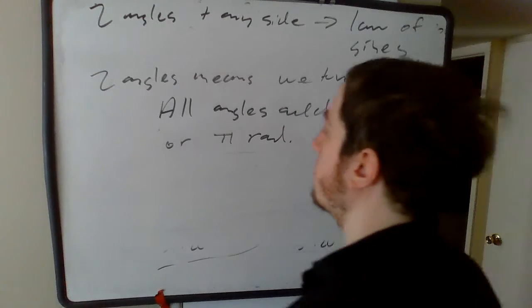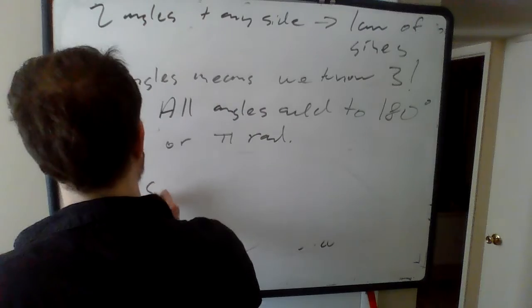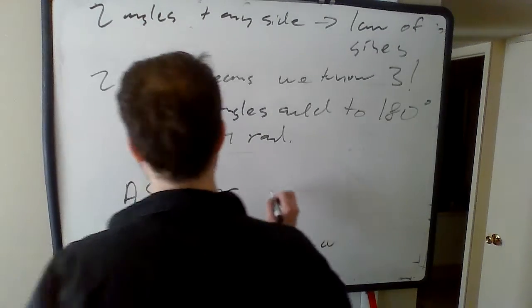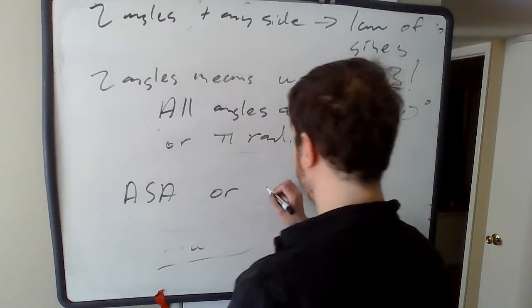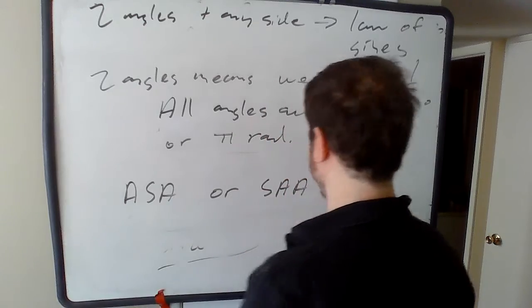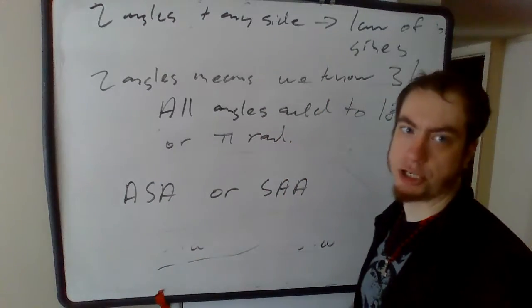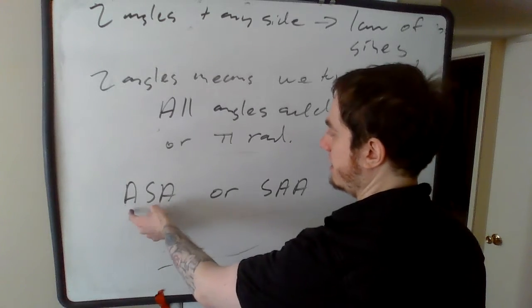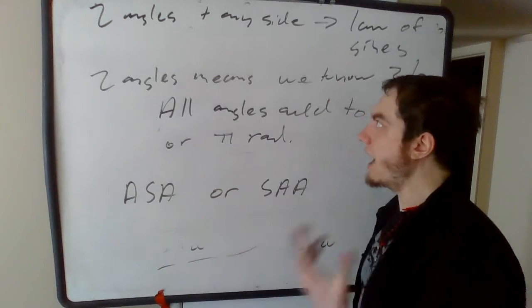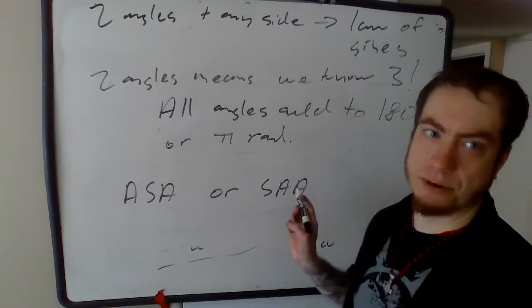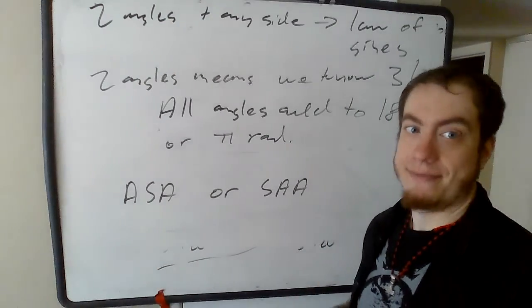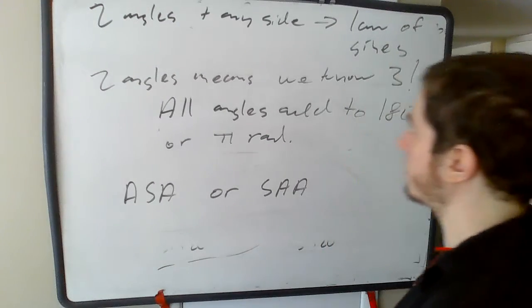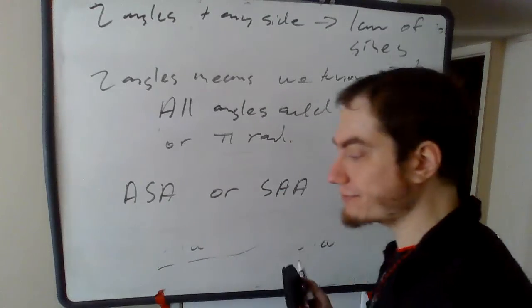So this takes care of what are called the angle side angle cases, or the side angle angle cases. Those are kind of the different configurations. But instead of just trying to remember these like angle side angle or side angle angle, I just think about this as 2 angles plus any side, okay? That's what you're really looking for in order to use the law of sines here.